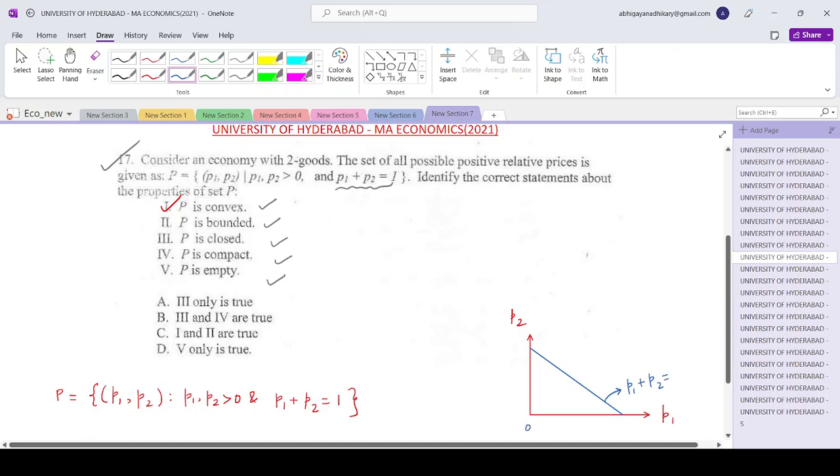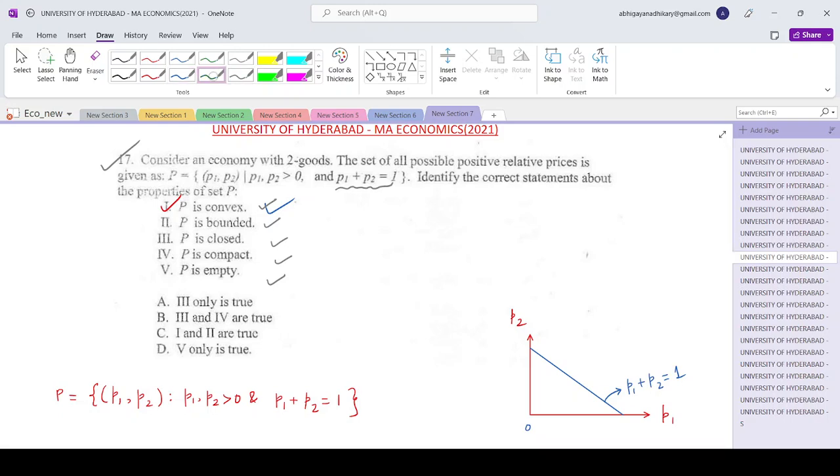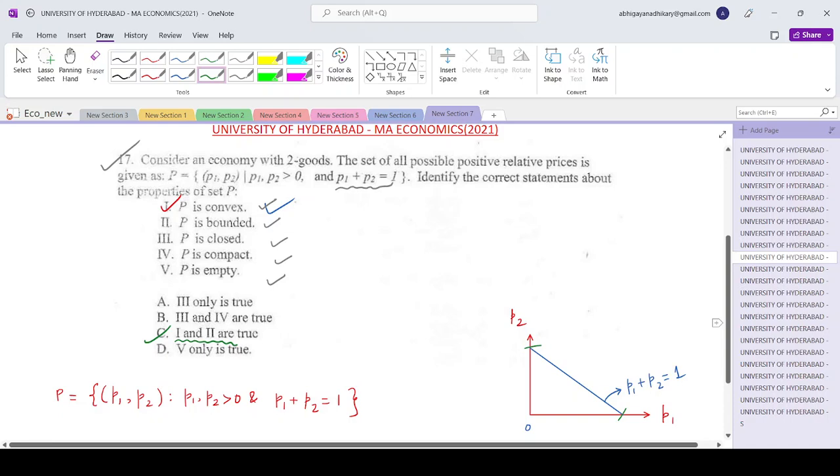So obviously since it's a straight line, it is convex. So 1 is definitely correct. Now if you look at the options, luckily what we can see is that 1 is true, that is present in only part C. And if you just want to cross check part 2 as well, that P is bounded, yes it is, because this is bounded by two coordinate axis values on the two ends.